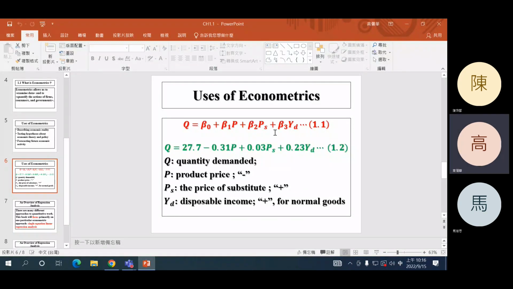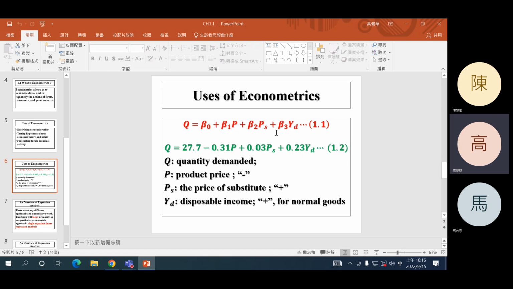Do you have problems to understand it? Usually this is a mathematical equation, right? For a mathematical equation, we have one thing on the left hand side and something on the right hand side.